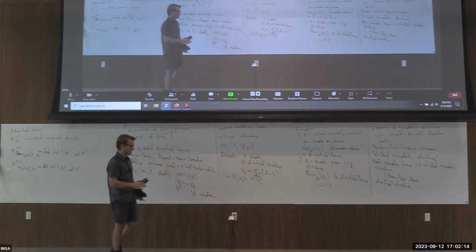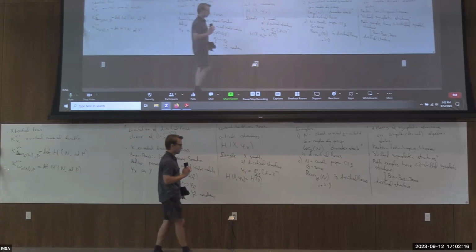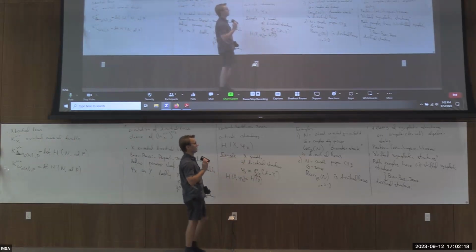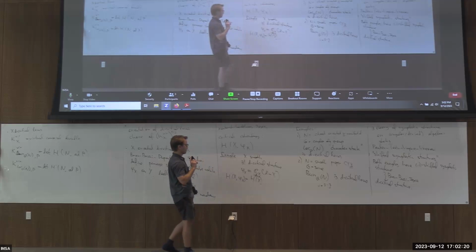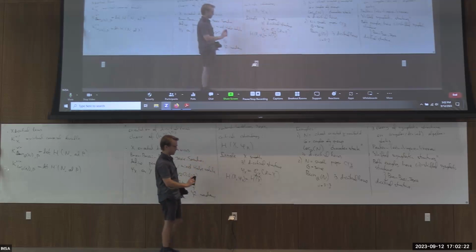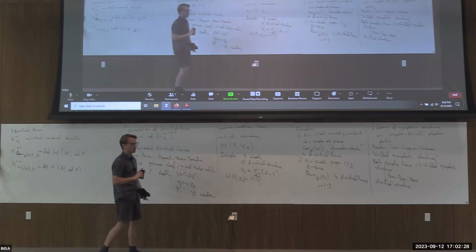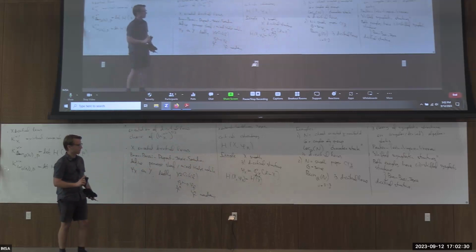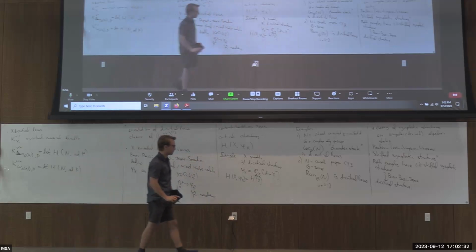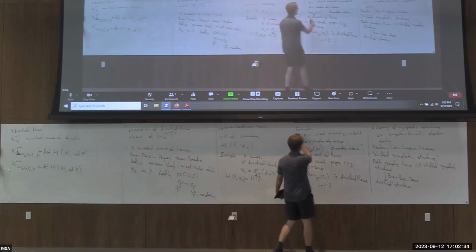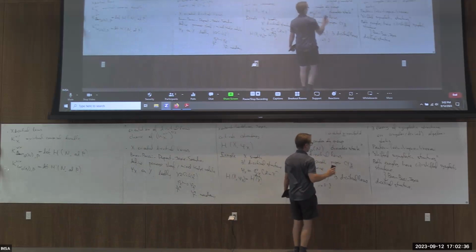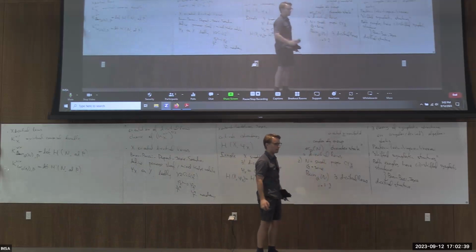Yes. I think if a degenerate locus is reduced, I believe it's automatically smooth. But I need to think about it. So all ancient examples of degenerate locus are actually not reduced.